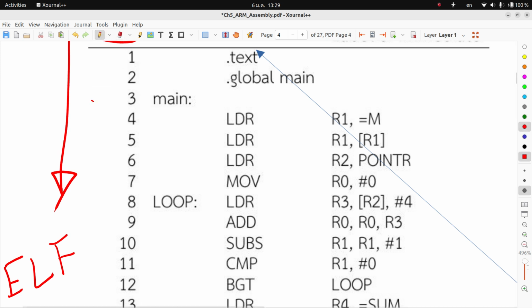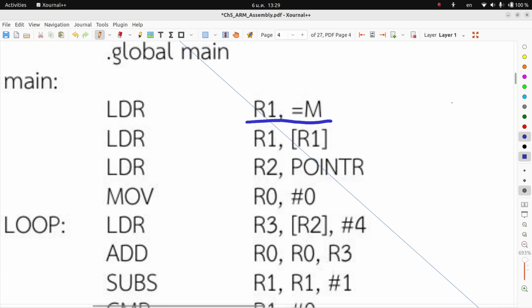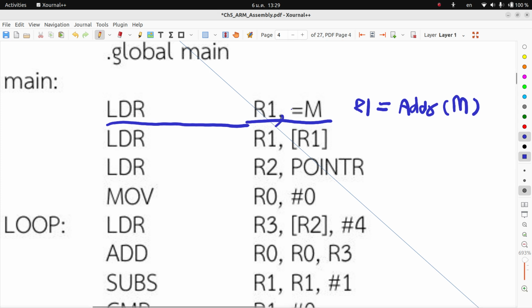Okay, we start execution from main, and the first line means R1 equals to address of variable m. That's the meaning of LDR R1, comma, equal sign m.